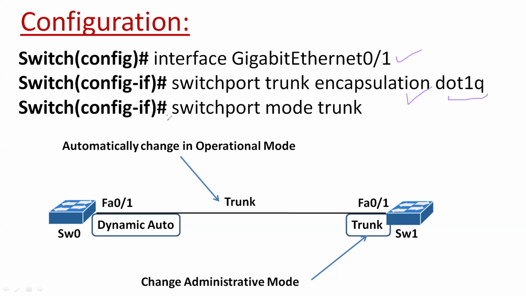Then the single line of command: switchport mode trunk. Here you can change from trunk to switchport mode dynamic desirable. So these are the configurations that can also be done.